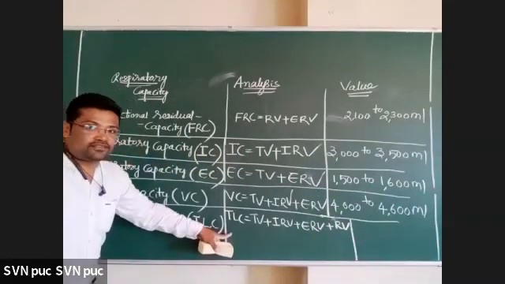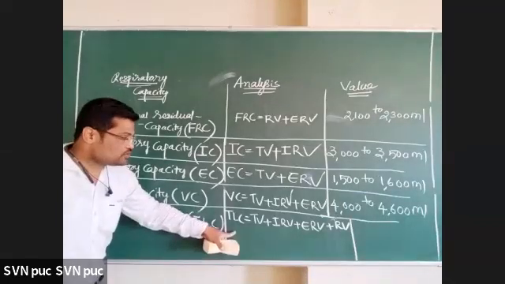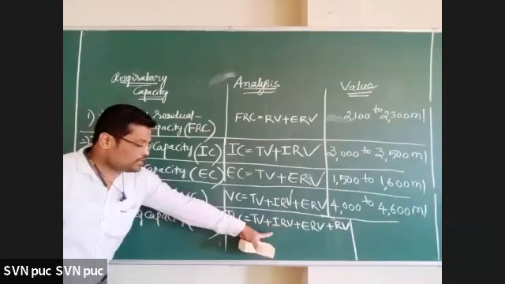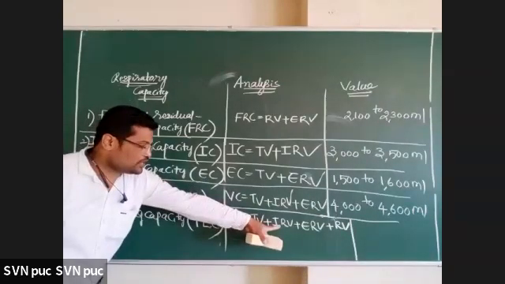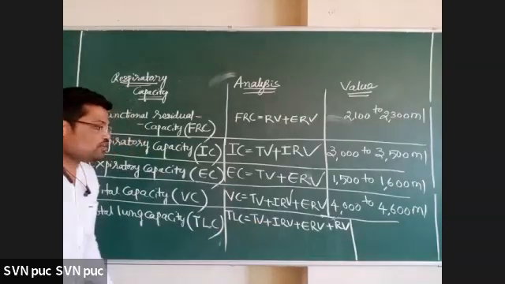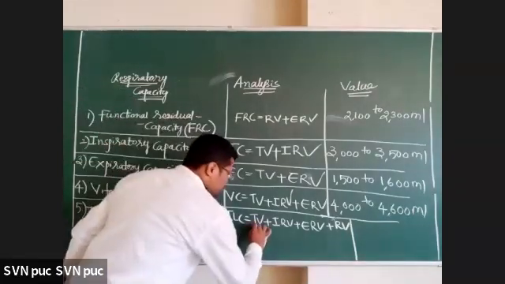Don't confuse. TLC is equal to tidal volume plus IRV plus ERV plus residual volume or RV.